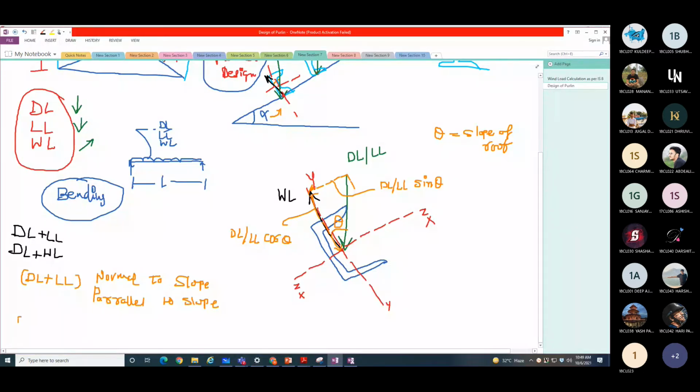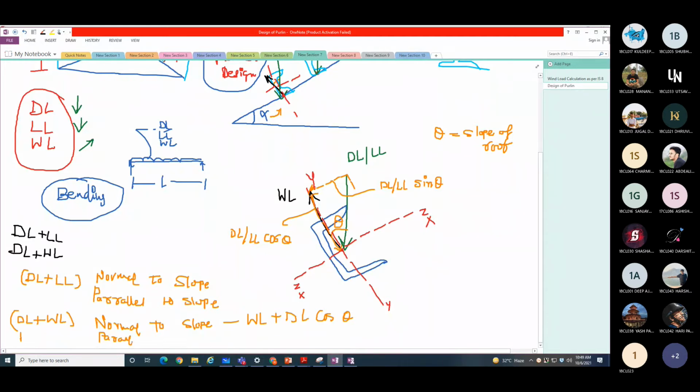And for dead load and wind load, see the load combination of dead load plus wind load. For dead load plus wind load, normal to the slope, normal means perpendicular. Normal to the slope you will get wind load plus dead load into cos theta. And dead load plus wind load parallel to the slope.